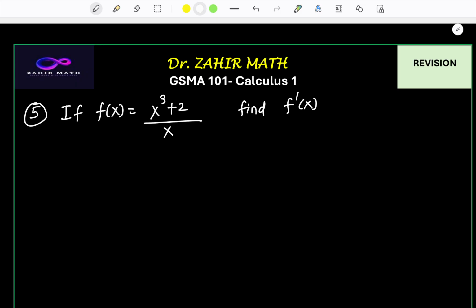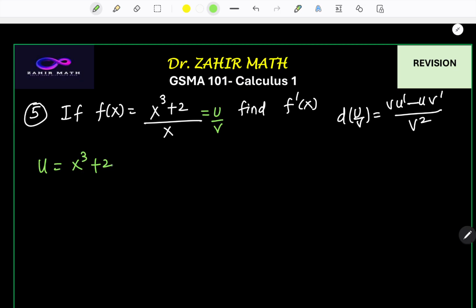Keep in your mind, you have to use the formula: differential of u by v is equal to v into u dash minus u into v dash, over v square. You must memorize this formula. There is no option. So this will be in the model u by v. u equals x cube plus 2 and v equals x.